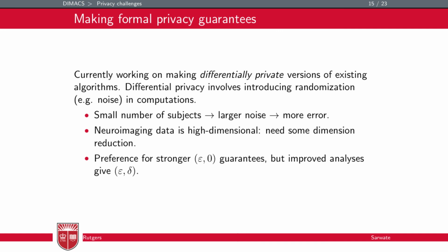And from talking to people who want to build these systems, there's a real preference for these stronger epsilon-zero guarantees, but all the improved analyses that I know about in terms of composition and so on rely on allowing yourself a little slack of delta in the privacy definition, and I've been told by at least a few people that, oh no, that's not okay for our application. So what do you do there?